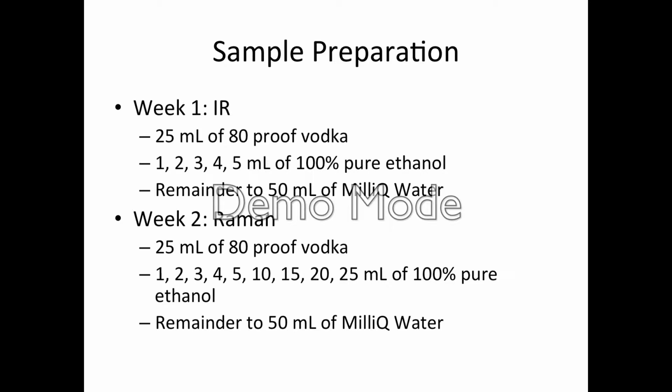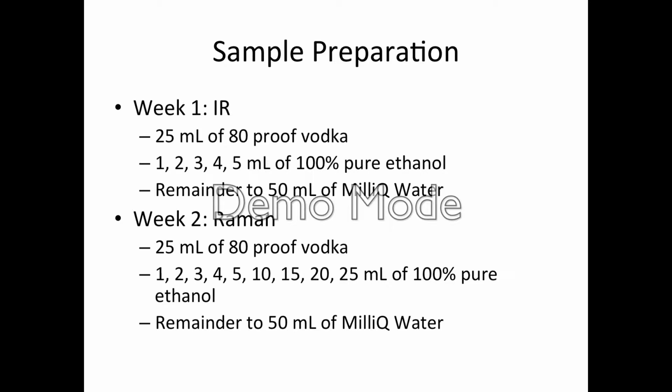So for our sample preparation, in the first week we did infrared spectroscopy, and we made up 5 different samples. Each had 25 milliliters of the 80 proof vodka, and then each had 1, 2, 3, 4, and 5 milliliters of 100% pure ethanol, and the remainder of the volume was milli-Q water added to a total volume of 50 milliliters.